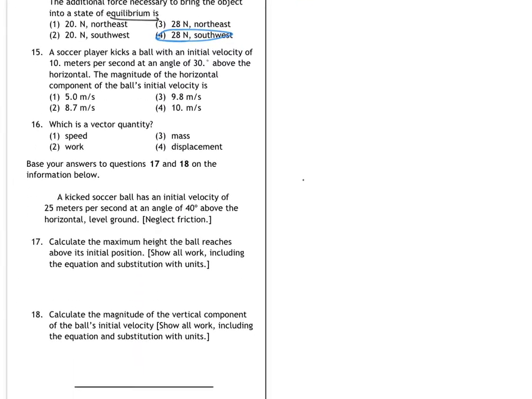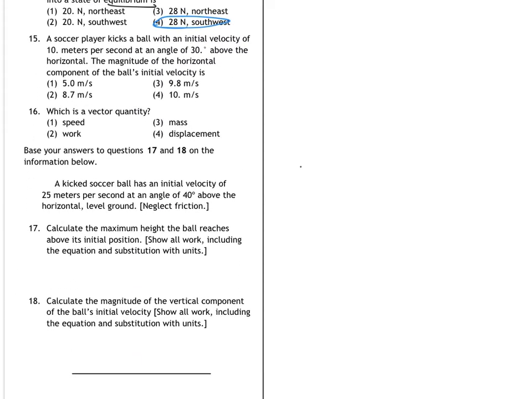Okay, next question. We have a soccer player kicking a ball. I'll label some stuff here. It has an initial velocity of 10 meters per second at an angle of 30, so that's my theta. The magnitude of the horizontal component, I will call that VIX. If you think of this one as a triangle, where theta is 30 and the initial velocity was 10 meters per second, we're looking for VIX, or just the part of that velocity that was horizontal.